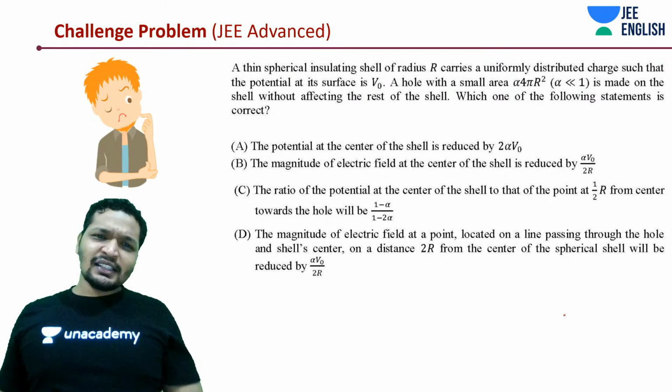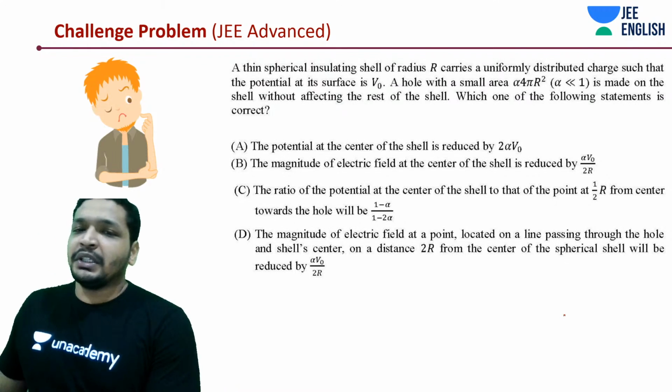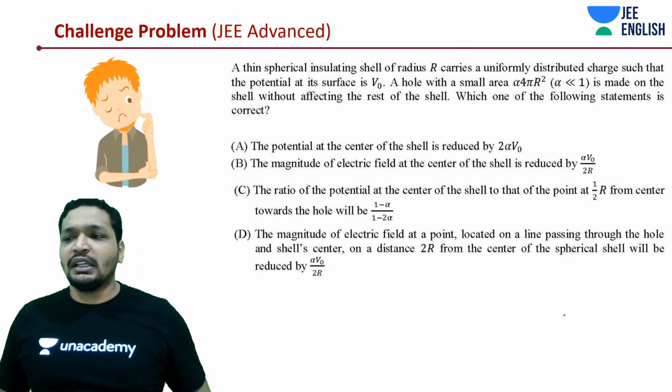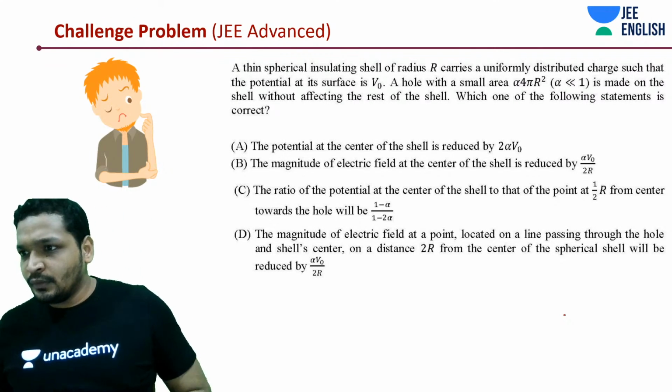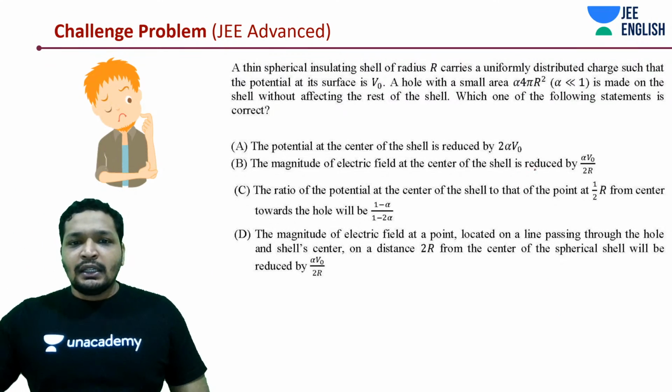There is a little complication associated with the 2019 paper, but you will have noticed that integer based questions are a little easier than the single correct answer ones. Okay, let's get started.